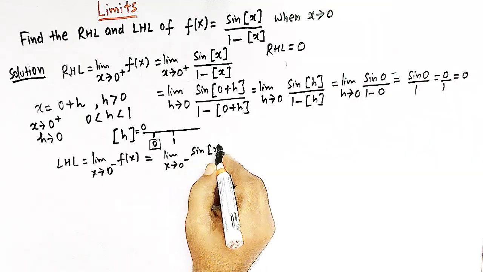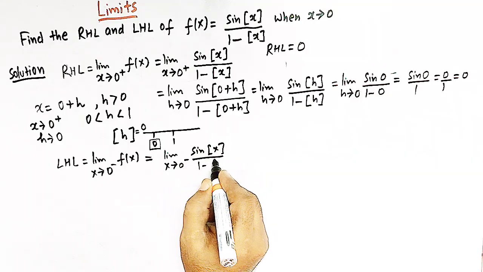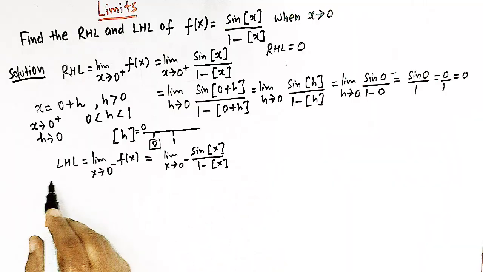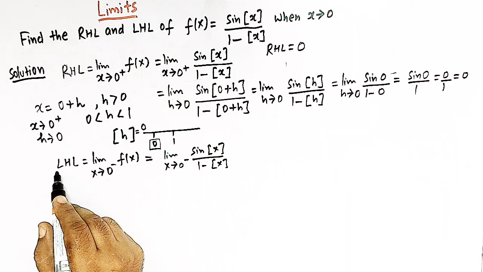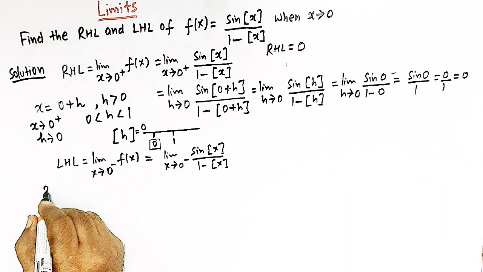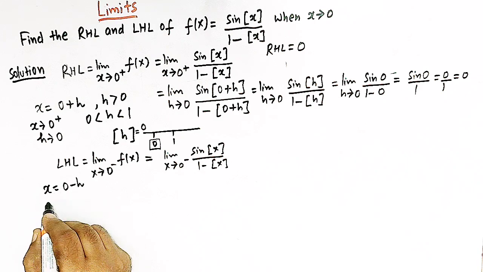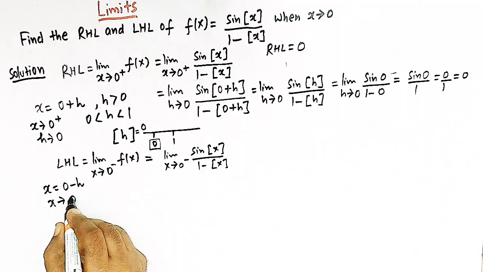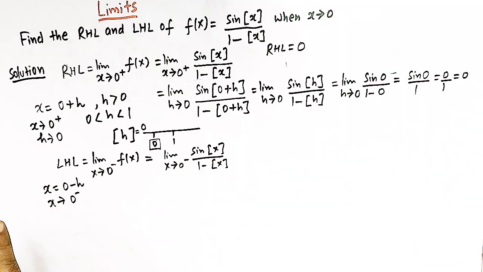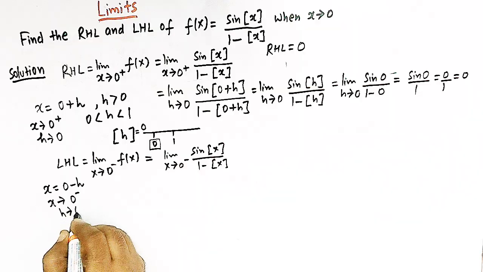To get the left hand limit, we take x equal to 0 minus h, and when x approaches 0 from the left, h tends to 0.